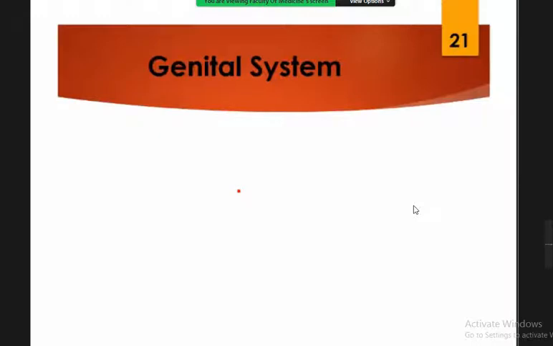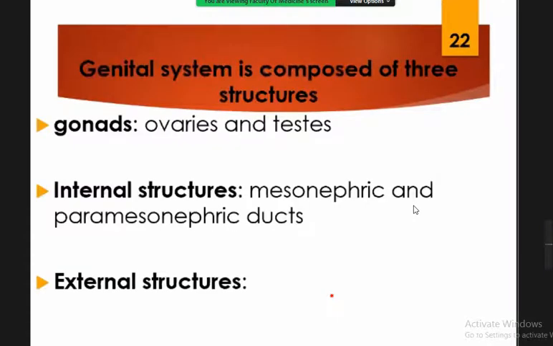And when we are covering the genital system for better appreciation, we shall divide it into 3 structures. We shall look at it in form of the gonads, which can be the ovaries and the testes, then the internal structures, and these internal structures are mainly derived from either mesonephric duct or the paramesonephric duct.